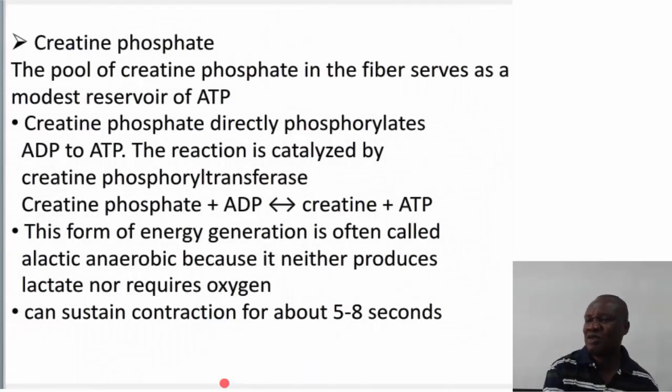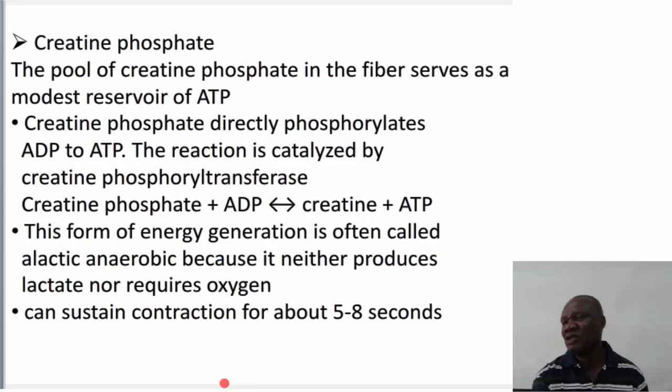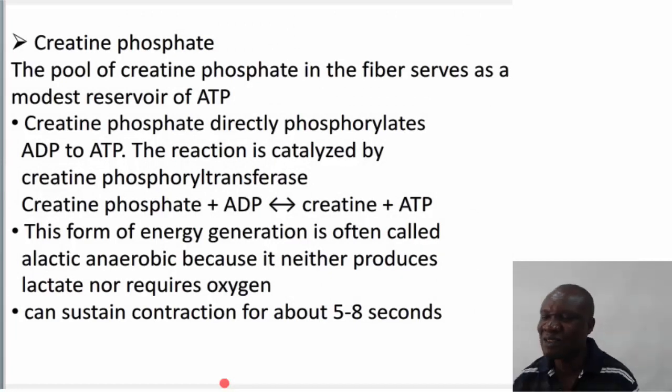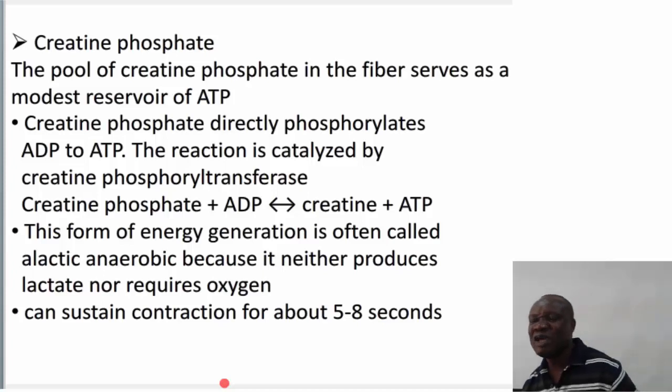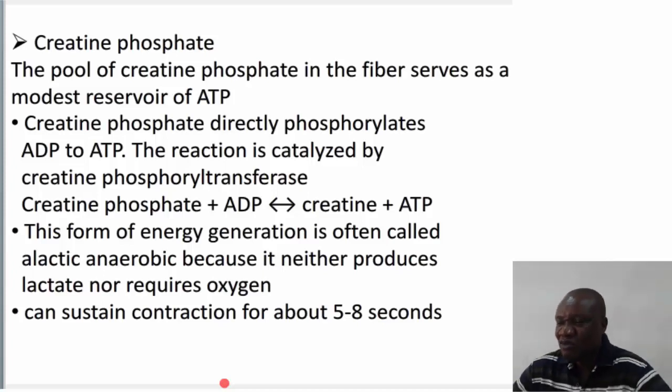Now, talking about the energy sources for muscle activity, the immediate source of ATP is creatine phosphate. Now, creatine phosphate will phosphorylate ADP to produce ATP, and the reaction is catalyzed by the enzyme creatine phosphoryl transferase.